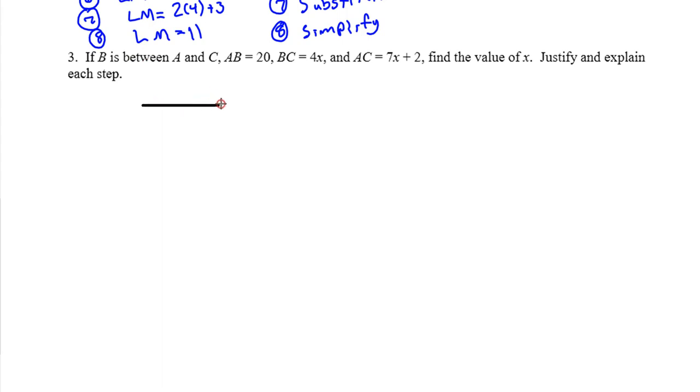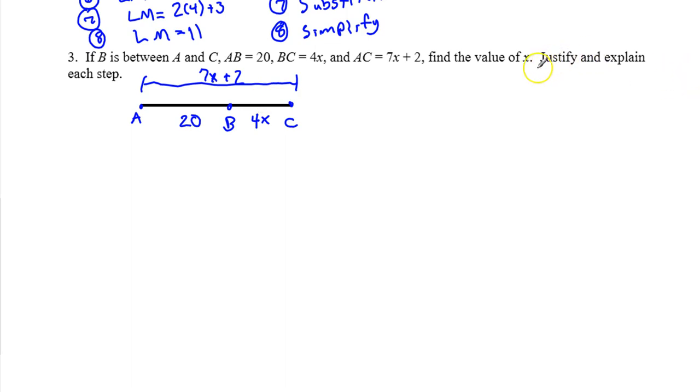If B is between A and C, okay, B is between A and C, and A is here, let's make C over here, and B, put it in here, and AB is 20, and BC is 4x, that's this part, and then we know the whole segment length, try to represent that like this, the whole one is 7x plus 2, okay? So find the value of x, justify, and explain.